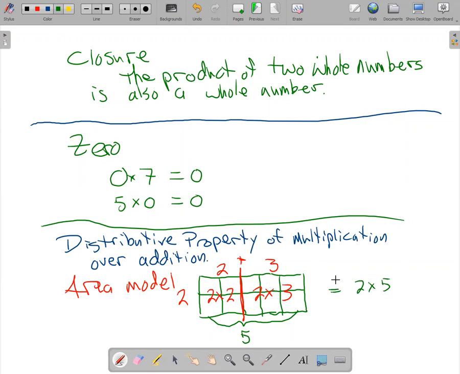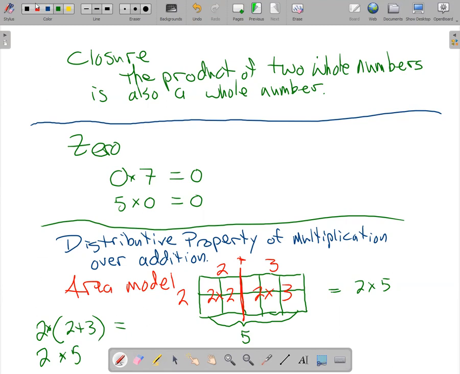So the distributive property as an area model, it's always too tall. So this would be the problem 2 times parentheses 2 plus 3. Which, thinking about the order of operations, is really 2 times 5.